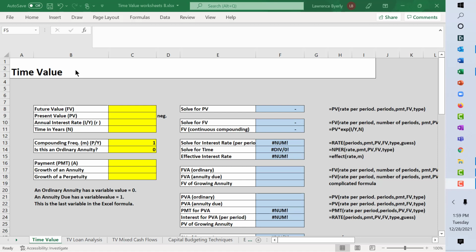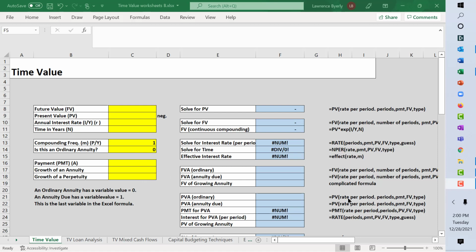I have a worksheet that's available for us. It's called the Time Value of Money Worksheet. And this will help you with understanding or coming up with the solutions to problems. A couple things about my worksheets. All of the yellow cells are data points. This is where you can put data.